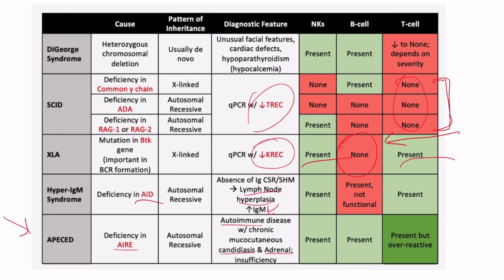So along with candidiasis and adrenal insufficiency, there are also many other characteristics of this disease that will arise from it just being an autoimmune problem in general. So keep that in mind. So again, all of this has nothing to do with AIRE, so our natural killer cells and B cells will be present. T cells are present, but they are overreactive.